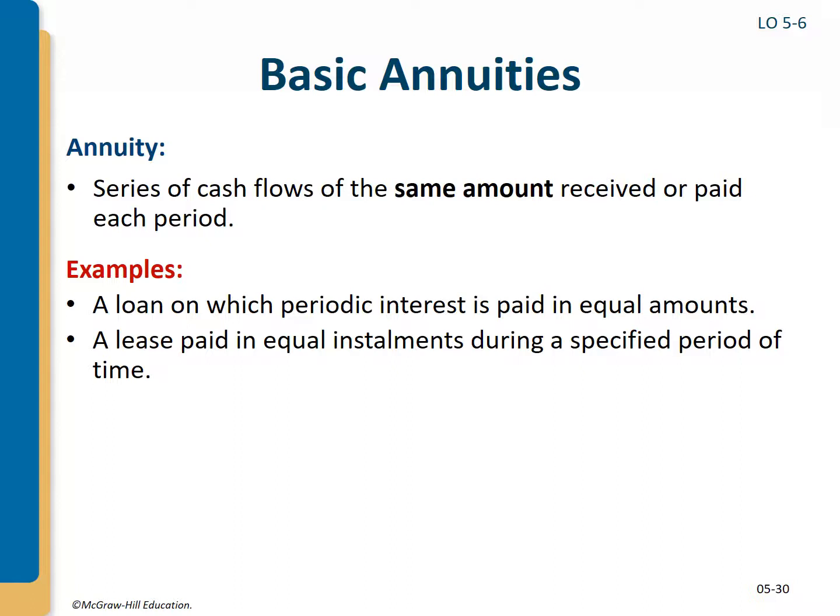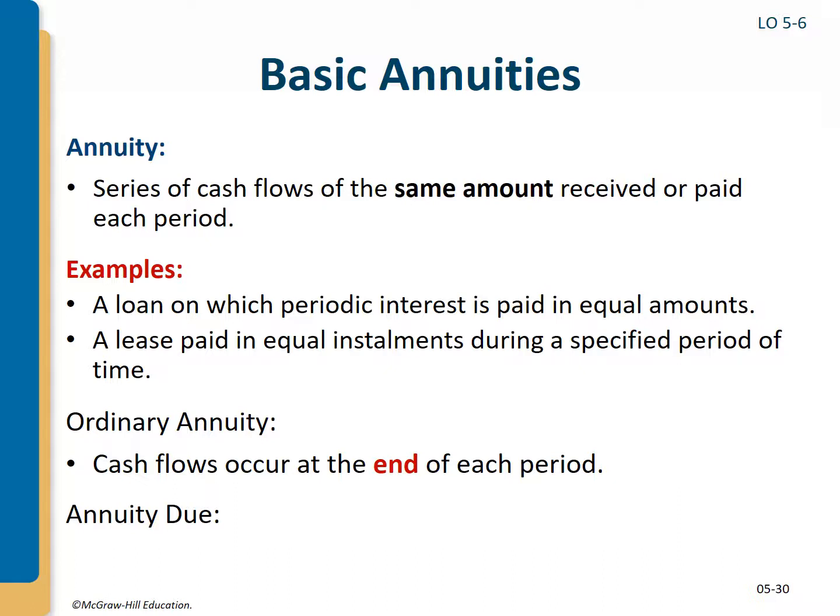A lease, so a rent, paid in equal installments during a specified period of time. Same amount, same time period. So it'll be maybe $1,000 every year. That's an annuity. Or $1,000 every 6 months. $1,000 every 3 months. Same amount, same time period.